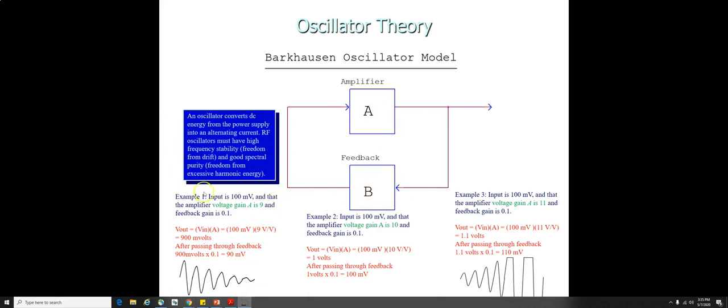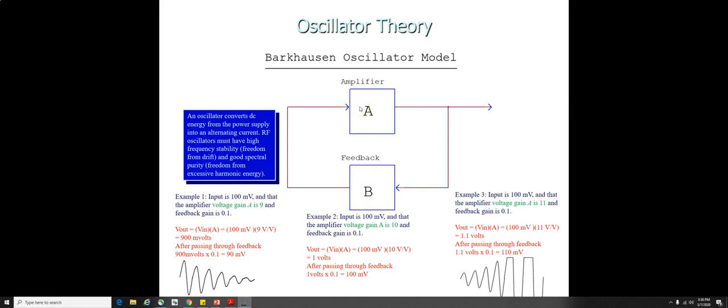In our example, we have set the feedback gain to 0.1 in all 3 of them. The input voltage is also the same, 100 millivolts. So the input voltage going in is 100 millivolts and the feedback gain is 0.1.